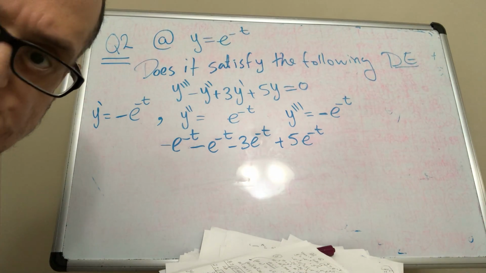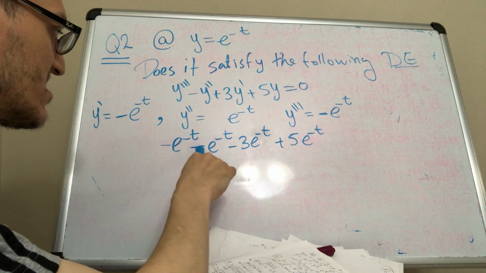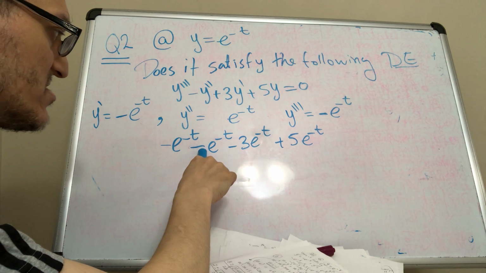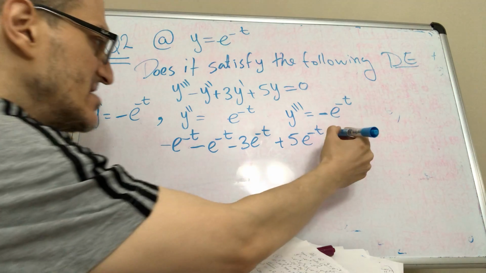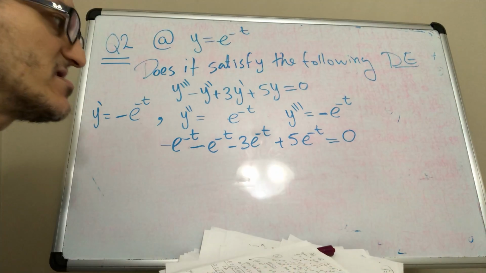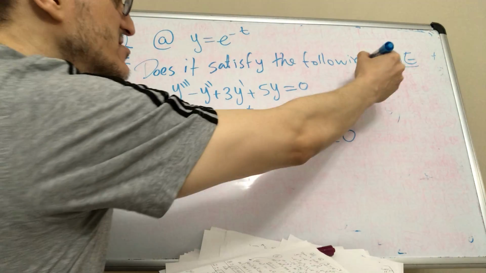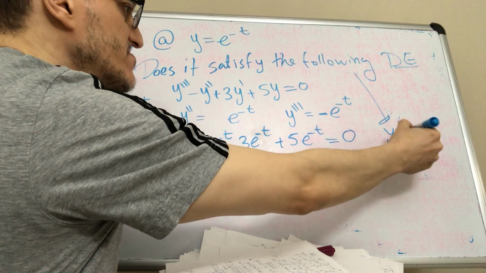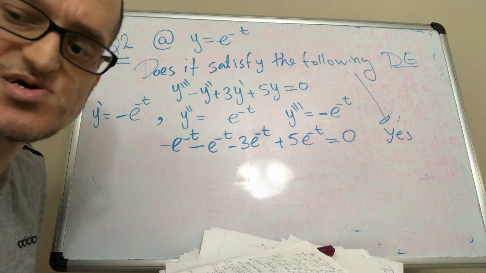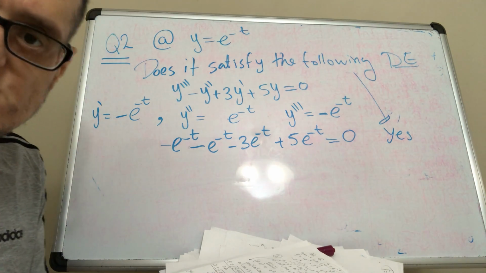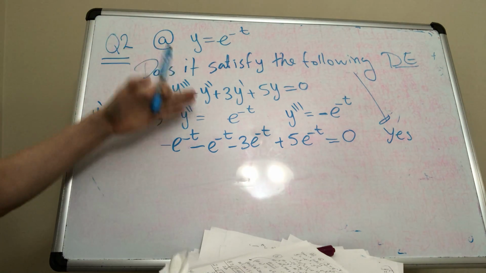Does this equal 0? Well, minus 1, minus 2, minus 3 is minus 5, plus 5, yes, that's a 0. So the answer for the question is yes, this satisfies the DE. So it is one of the answers for the DE.